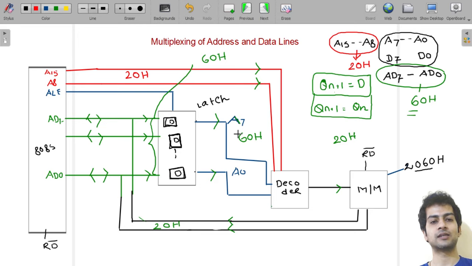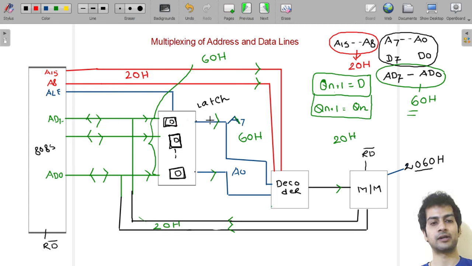This 60H data will remain the same, and it will remain latched between A7 to A0. Why? Because my ALE is de-energized, so it will de-energize all my D flip-flops.